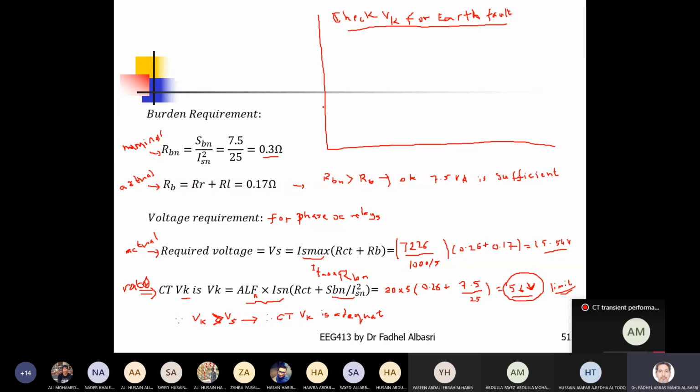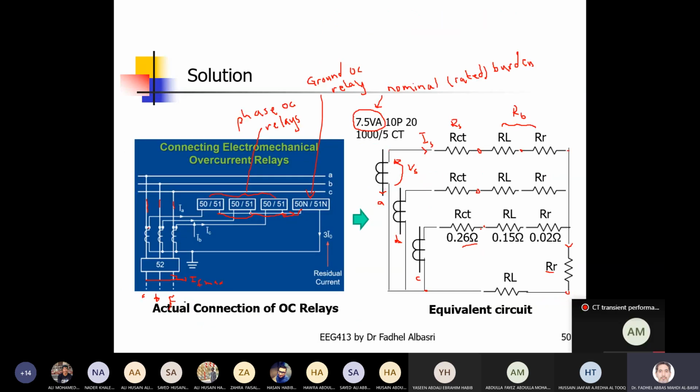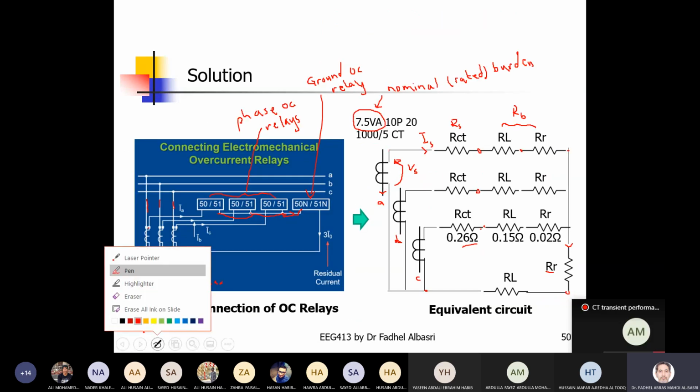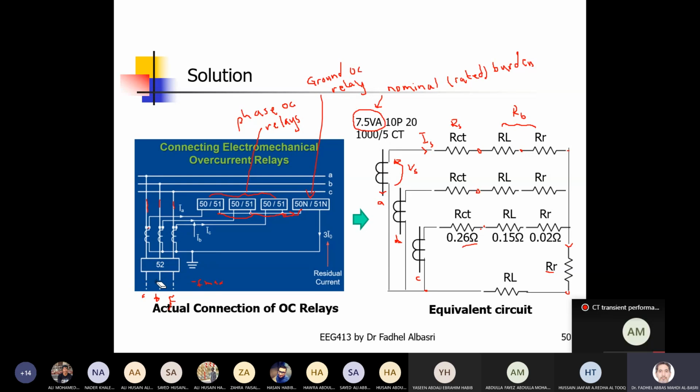Okay, so what I did here for phase, this is for three-phase fault. Now I'm considering line to ground faults.